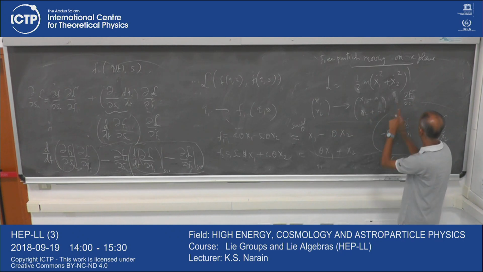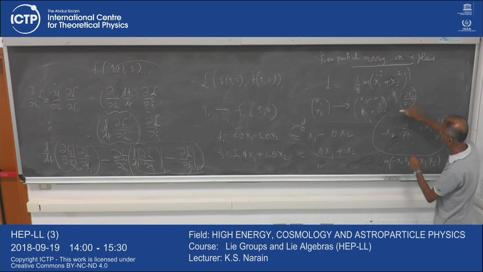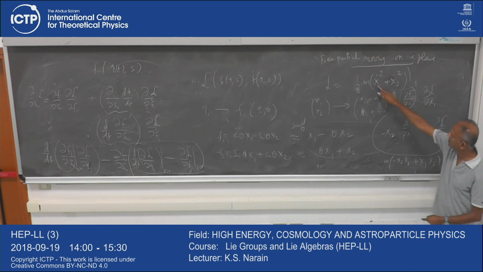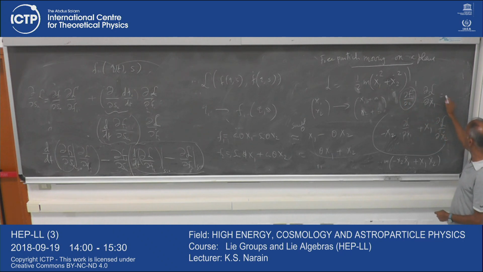So only the first one, and this is going to be equal to 1. And this is multiplying dL by dx1 dot. Q1 is the same as x1, and dL by dx1 dot is simply m x1 dot. And this is conserved, so that's the momentum along the first direction.